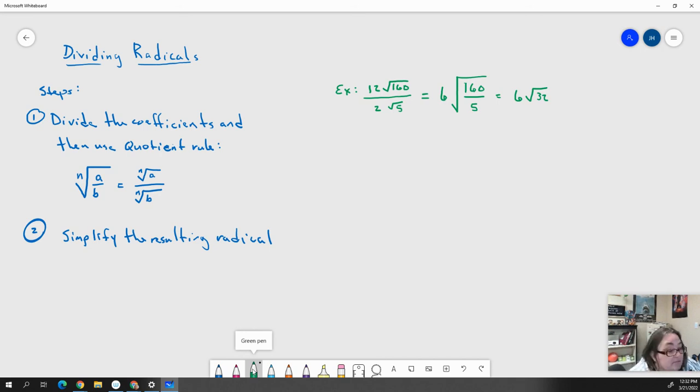And this 32 is not as small as it can get. If I look at 32, I know that it is 2 times 16. And we know that 16 is a perfect square. It's 4 times 4, which means I could pull a 4 out. So here, technically, I would have 6 times 4, and this 2 would have to go back under.